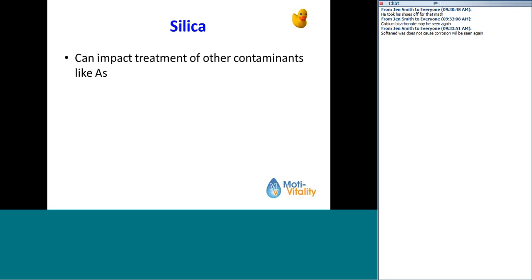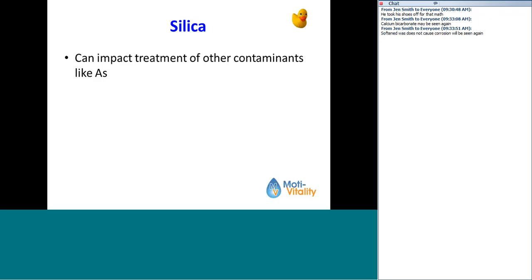Silica, if there's silica in the water, can impact treatment of other contaminants like arsenic. Silica causes a really, really hard scale. It's going to be really hard on reverse osmosis membranes. Also, boiler systems can have a big problem. In the residential world, only some of the arsenic medias, some of the specialty medias that are out there, can be impacted by silica.